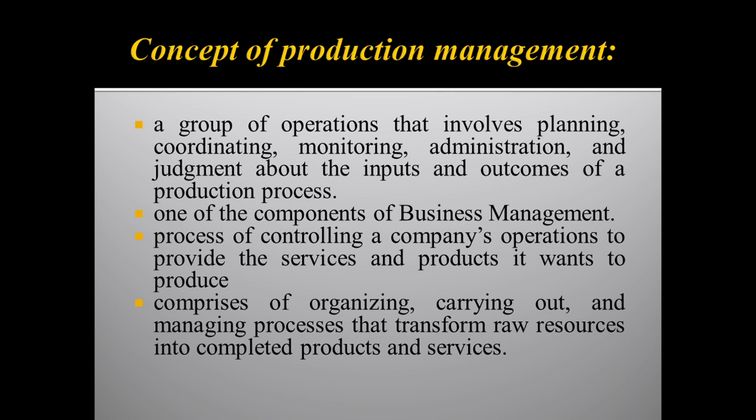It is the process of controlling a company's operations and providing the services and products it wants to produce. It comprises organizing, carrying out the tasks and managing processes that transform raw resources into completed products and services.